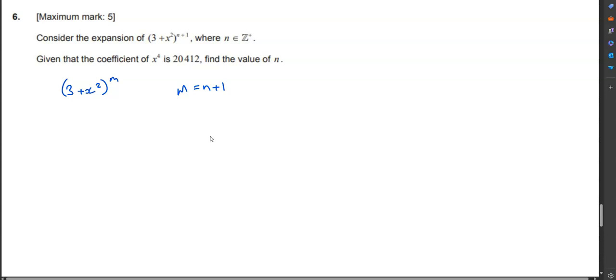So, looking for the x squared term, we have m choose something, x squared to the something, 3 to the m minus something.